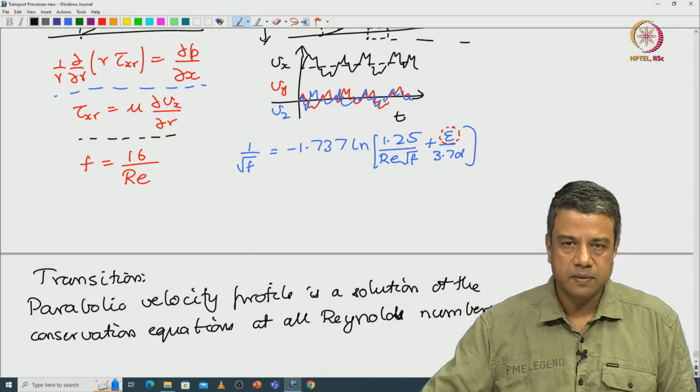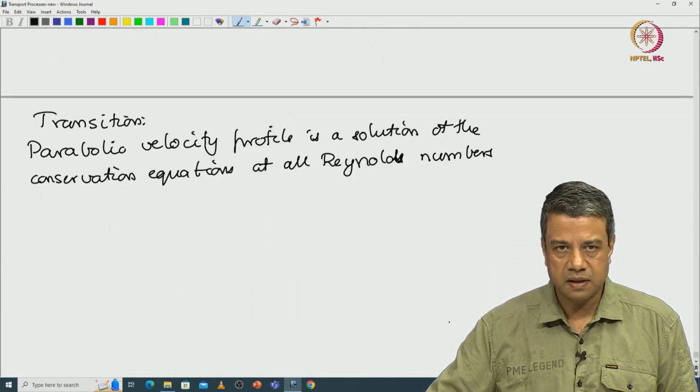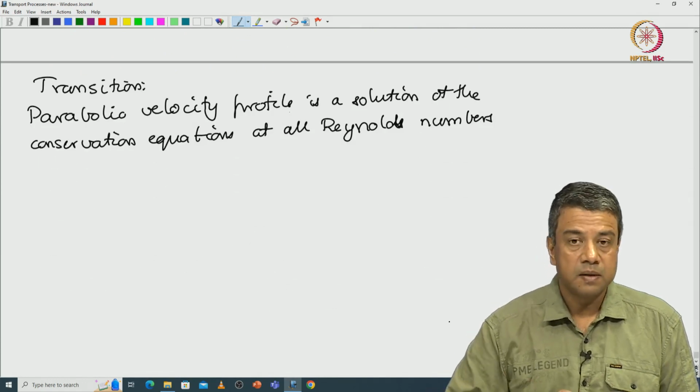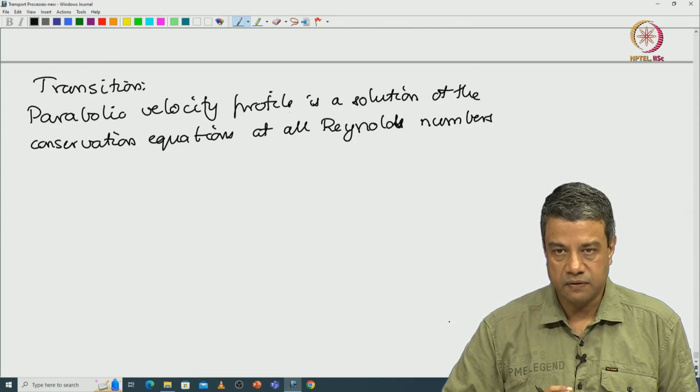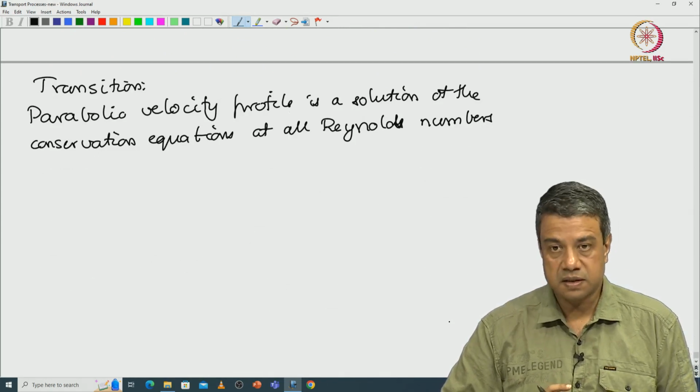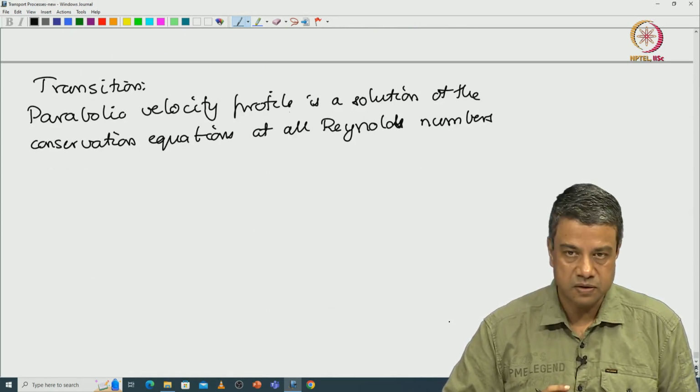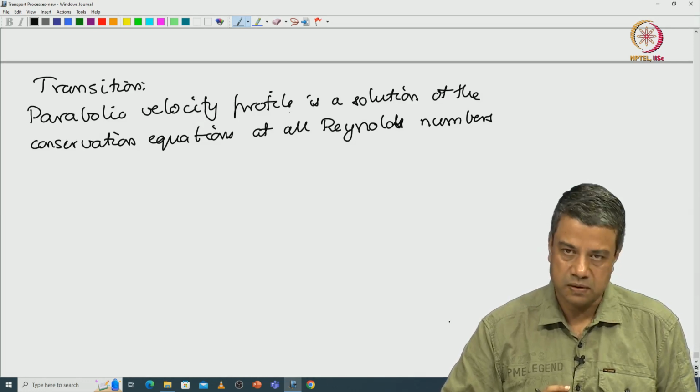That is, whether the Reynolds number is below 2100 or above 2100, the parabolic profile of the steady fully developed equations is a solution of the equations of motion. It is a solution of the equations at all Reynolds numbers.